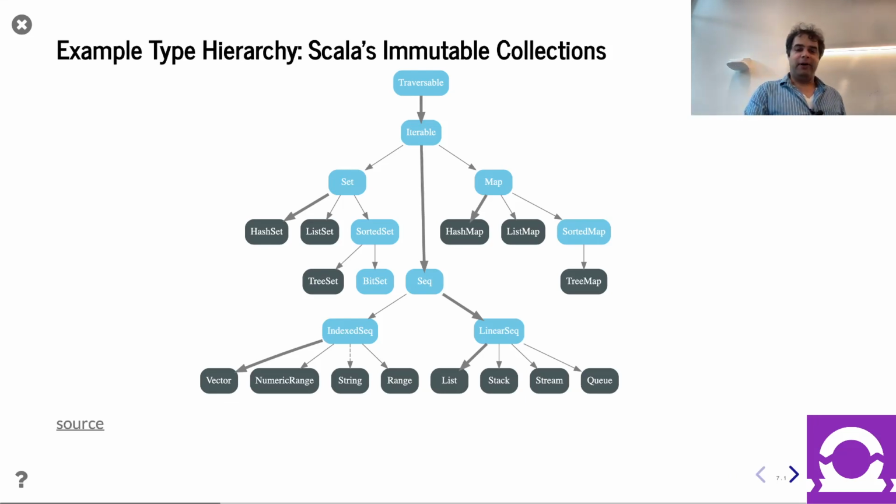And so what's fun is looking at this, it's almost like a taxonomy, right? Trying to figure out what are the traits of a certain collection and how do you tease those apart. So you may notice, for example, there's a notion of Traversable, and then Iterable. These are all iterable collections. Iterable means they have some sort of multiple items. And then, how do we go about these items?